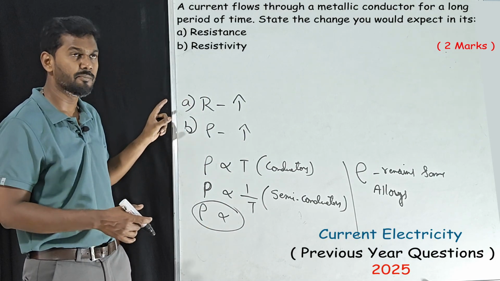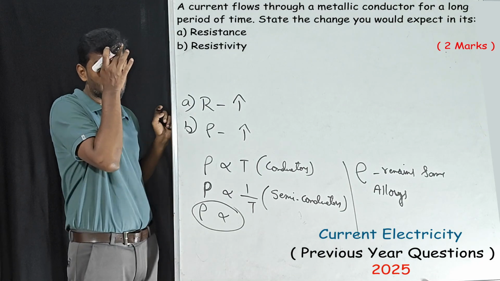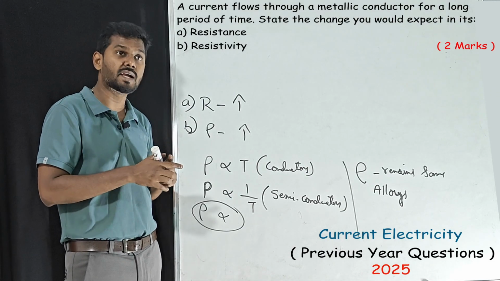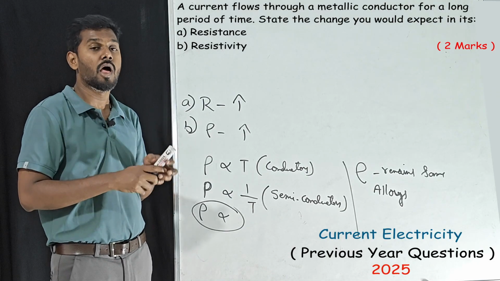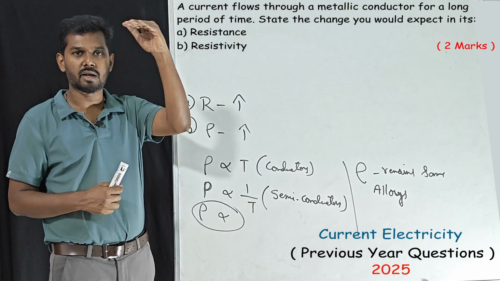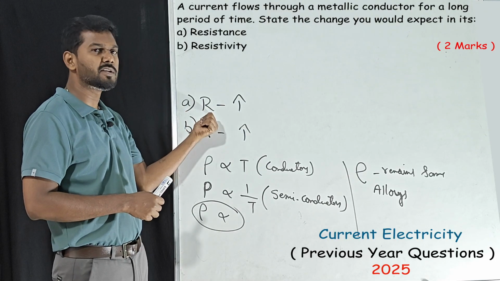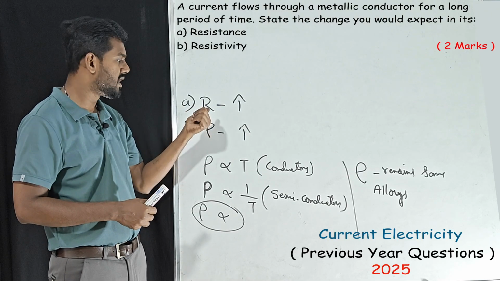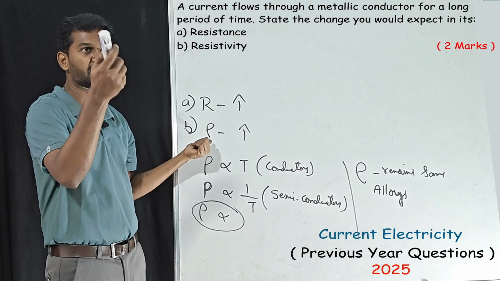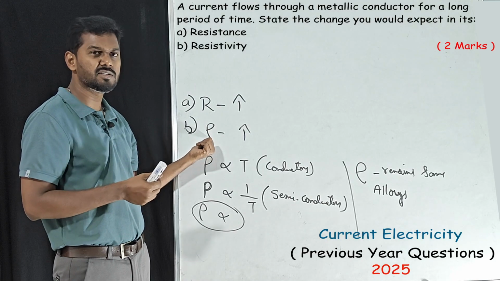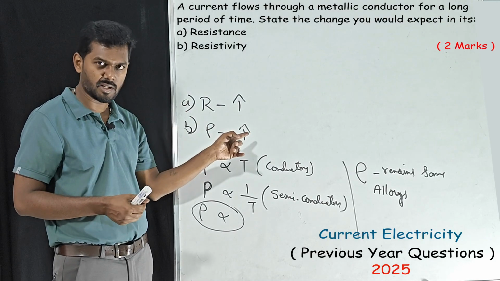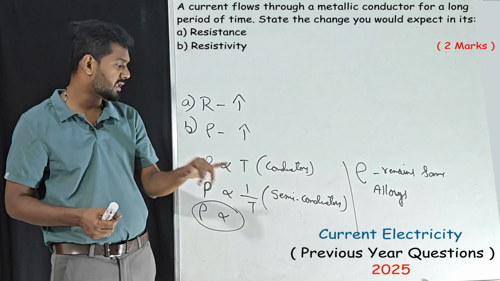So in this case, understand this question properly. A current flows through a metallic conductor for a longer period of time. Longer period of time means temperature increases. If temperature increases, resistance increases. Now when it comes to specific resistance or resistivity, resistivity only depends upon temperature, correct? And what kind of materials?